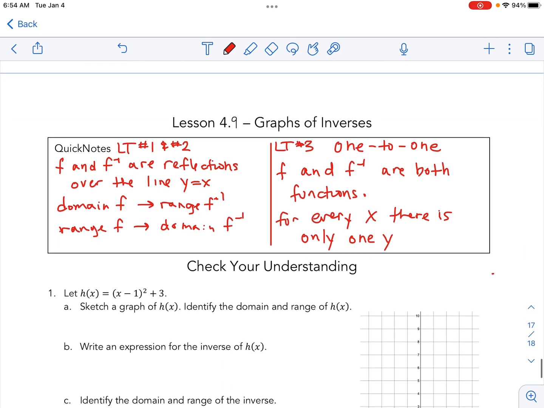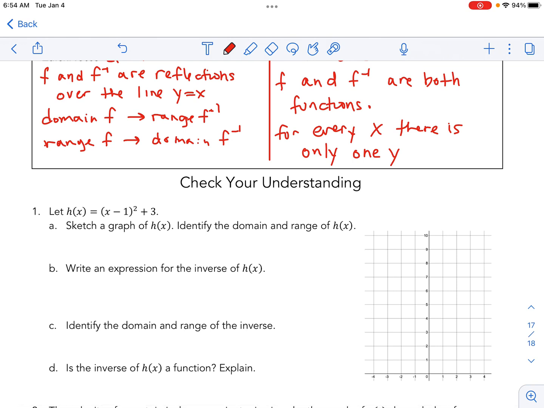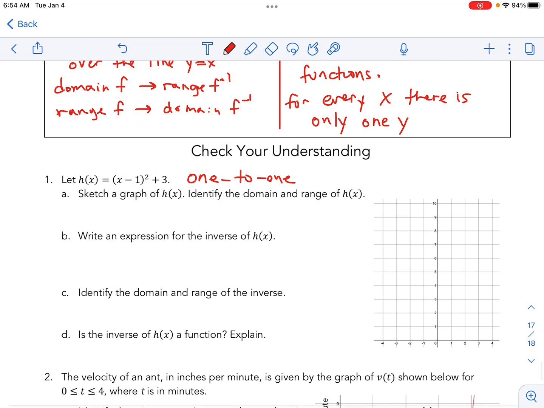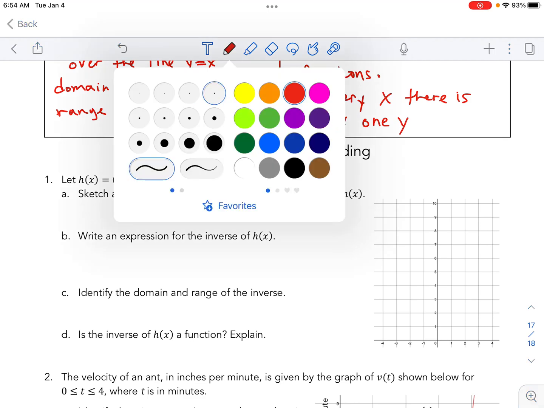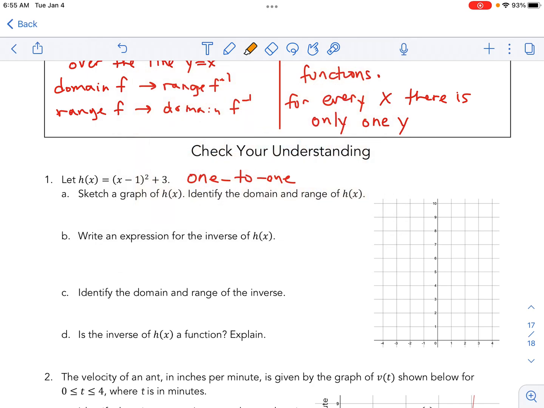And I'm going to kind of do the check your understanding, because this gets at the one-to-one. This one-to-one phenomenon, and since we haven't really talked about it too much, I want to do the check your understanding just to go through this idea. So we're going to sketch this. I'll go back to orange, I think.